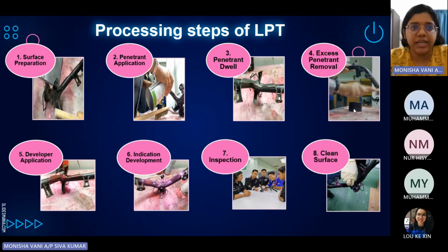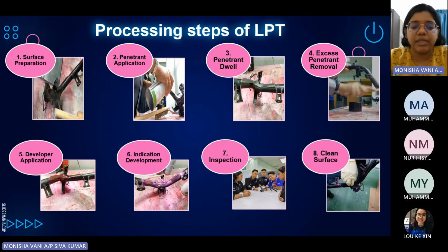Okay, I would like to present the processing steps of liquid penetrant testing. First of all, surface preparation. The surface of the sample must be clean to remove any contamination like oil, grease, water, and dirt. And the second step is penetrant application.